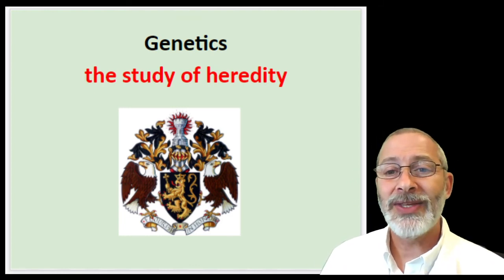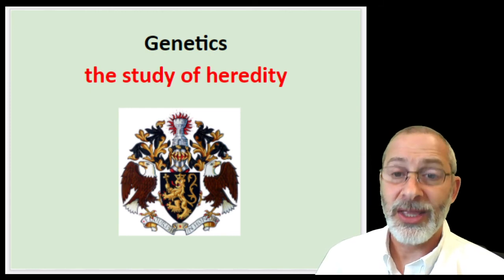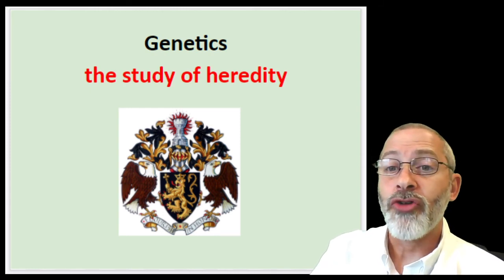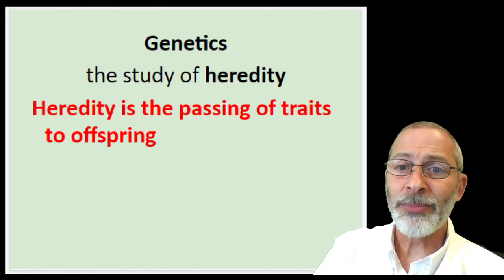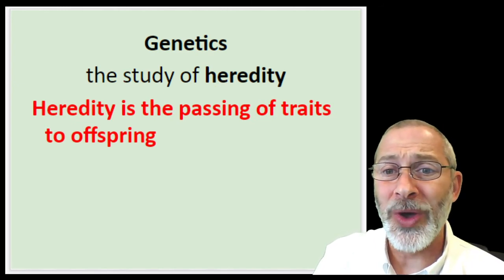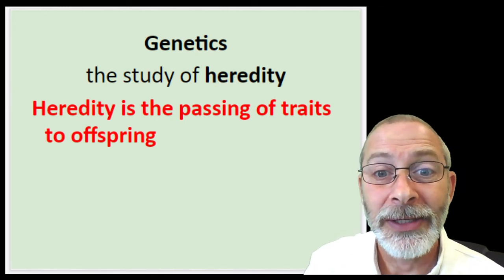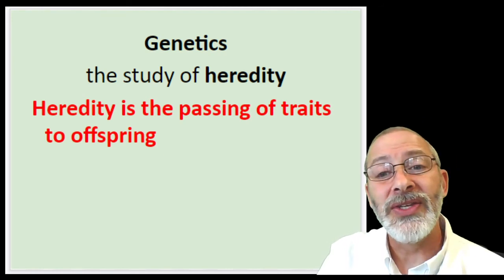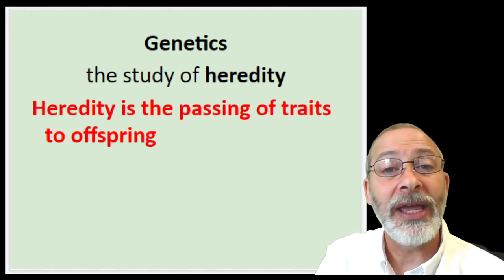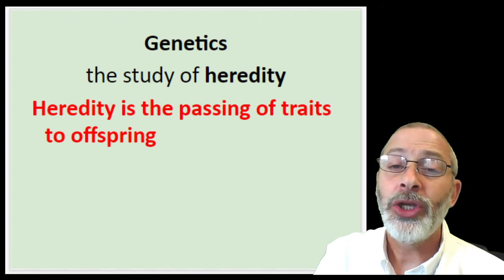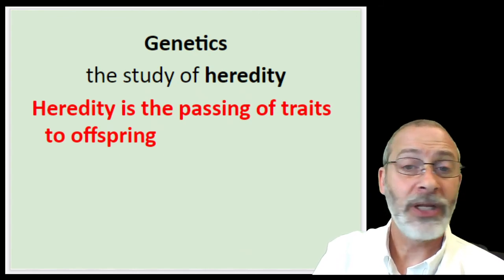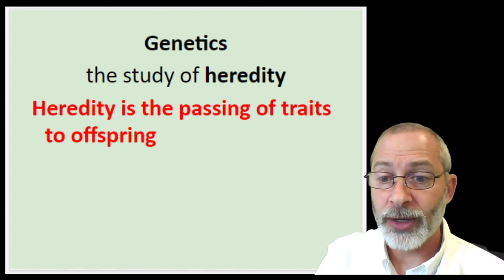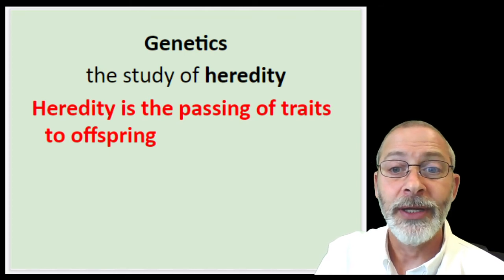So genetics is the study of heredity. But that begs the question, what is heredity? Heredity is the passing of traits to your offspring, like those traits we were talking about earlier this period.